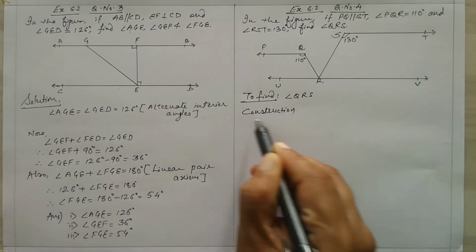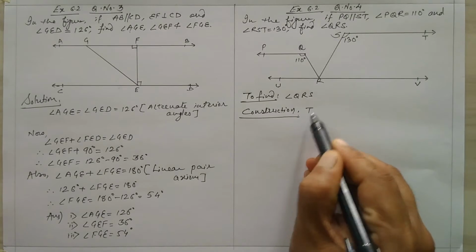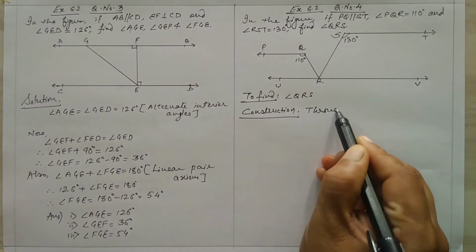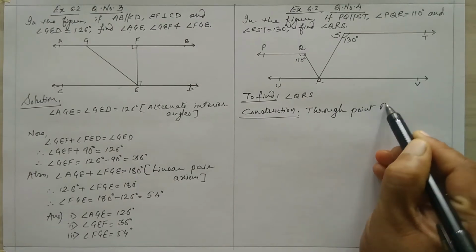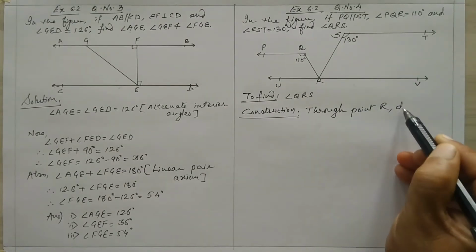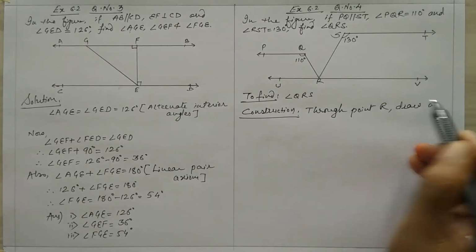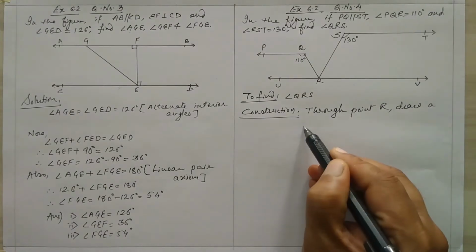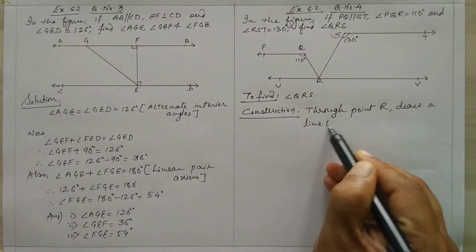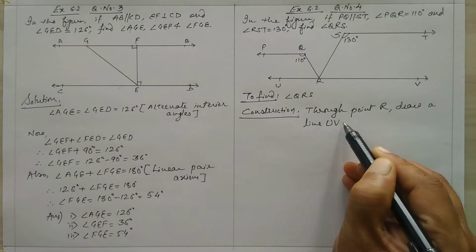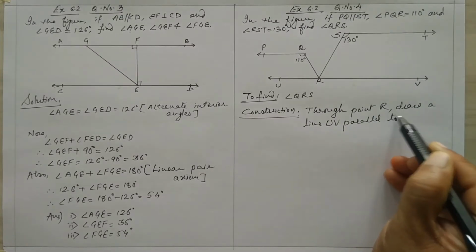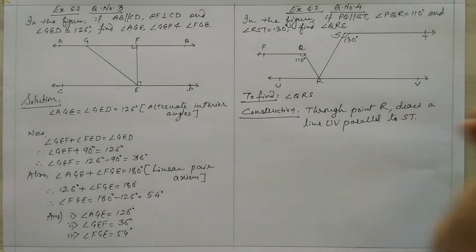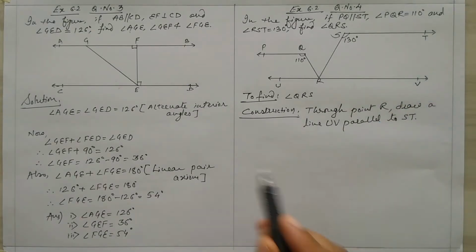So we will write construction: through point R draw a line UV parallel to ST. So we have drawn line UV parallel to ST.